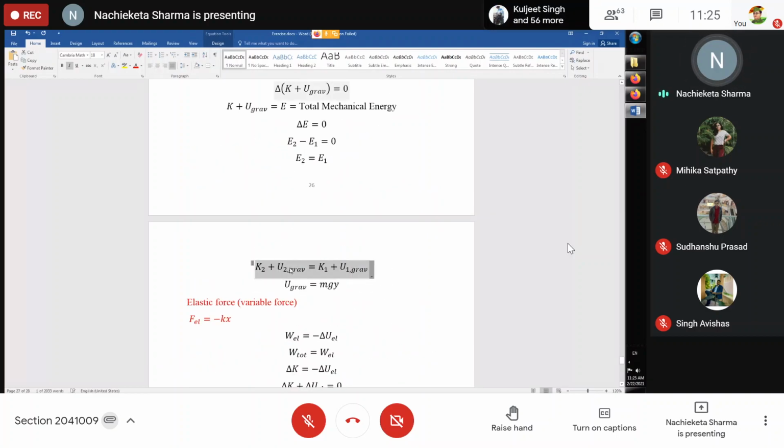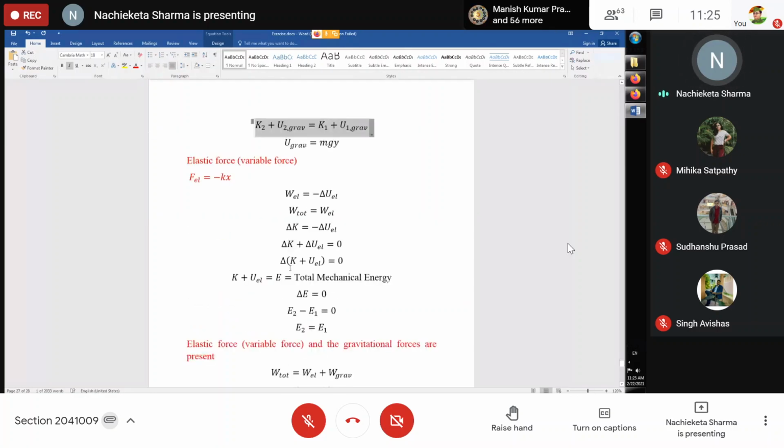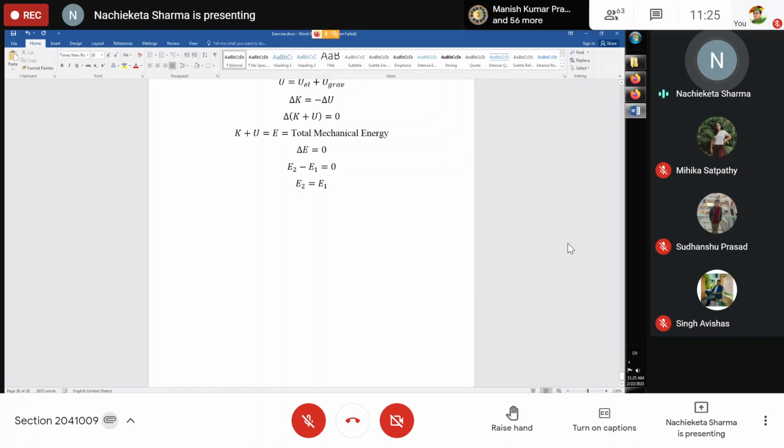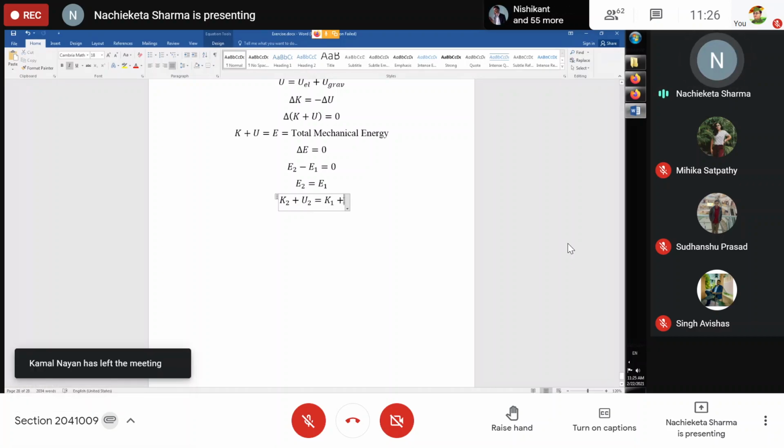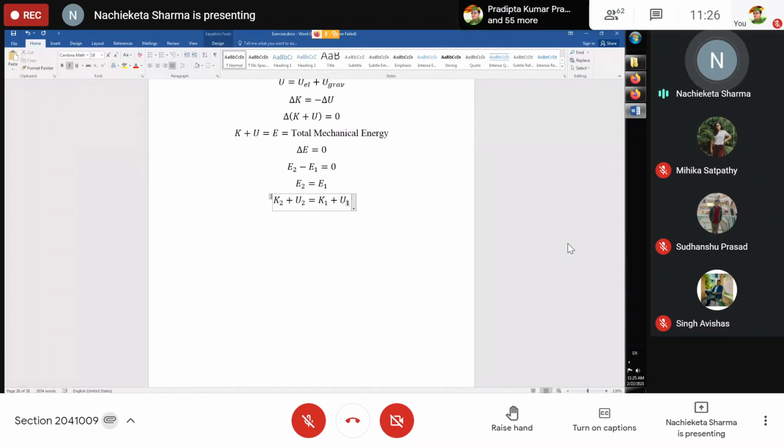These equations that I have written, you can get like this, isn't it? Now suppose I want to write U2. When both the things are present, then U2 is equal to mgy2.